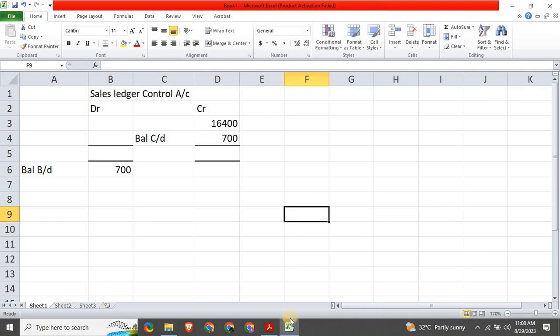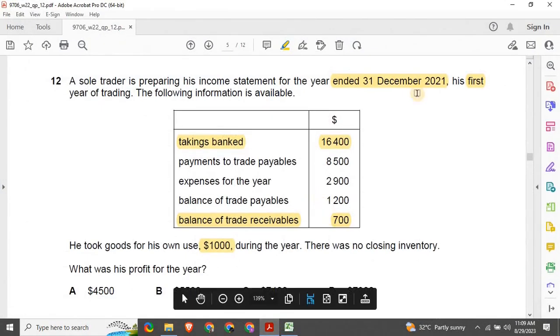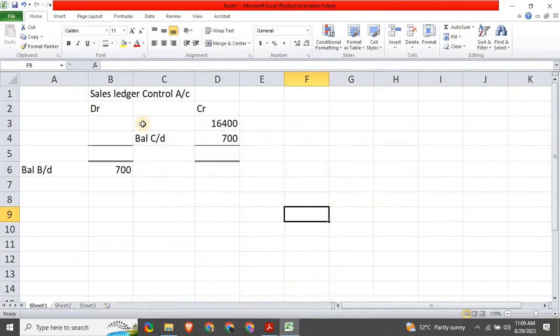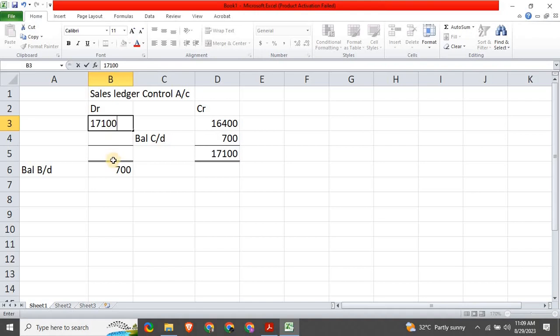Now we need to find the missing figure on the debit side. That missing figure would be our sales, so 17,100 is our sales. I hope you understood this.